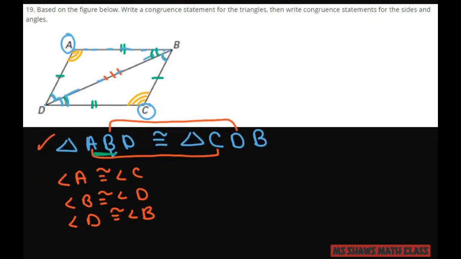You can say AB is congruent to CD. And then you could say BD is congruent to DB.